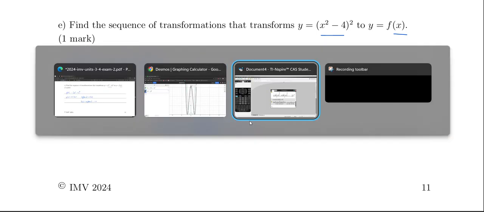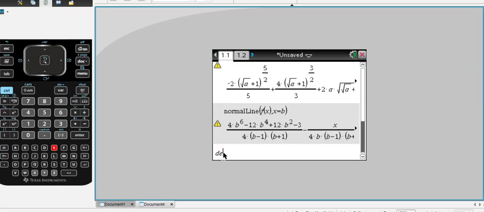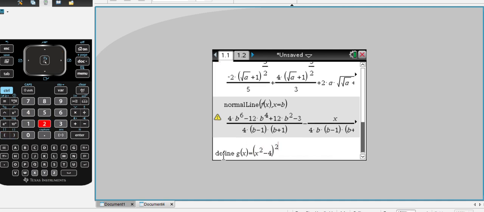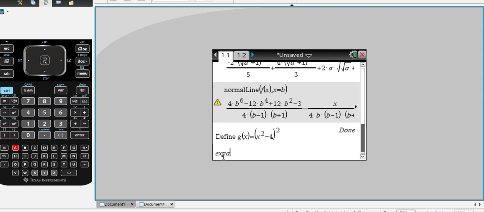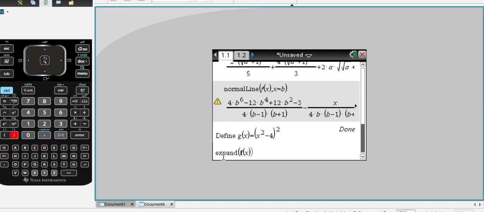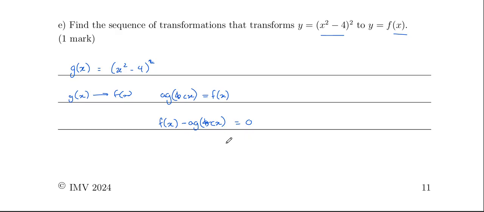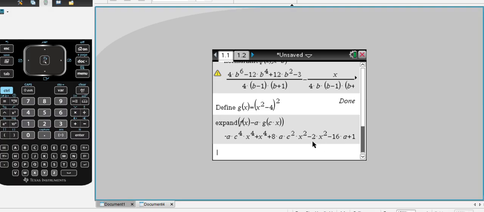And so let's expand that expression. So first of all, define g of x equals x squared minus 4 squared, and then expand f of x minus a times g of c of x. And we get this.